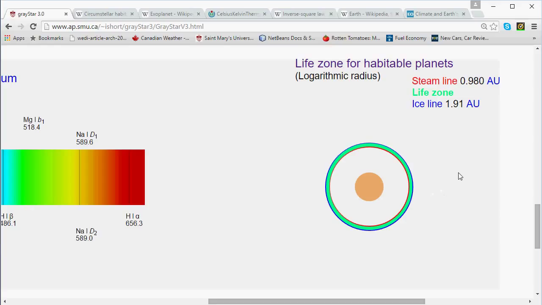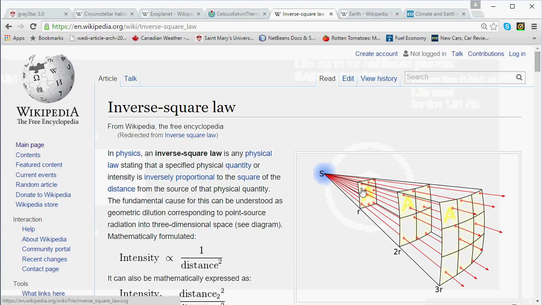But of course this planet is not intercepting the total luminosity from the star. The planet is only intercepting a certain fraction of that luminosity, the fraction that happens to be coming in the direction of the planet. And the fraction of a star's luminosity that's intercepted by an area is what we call the flux.